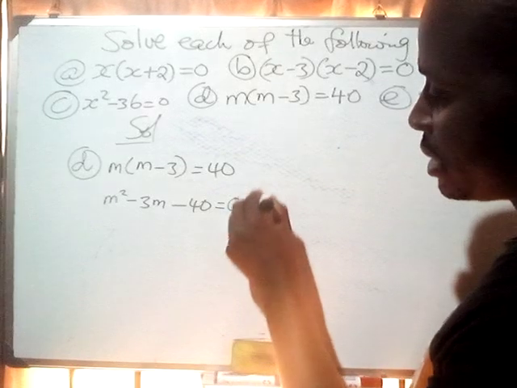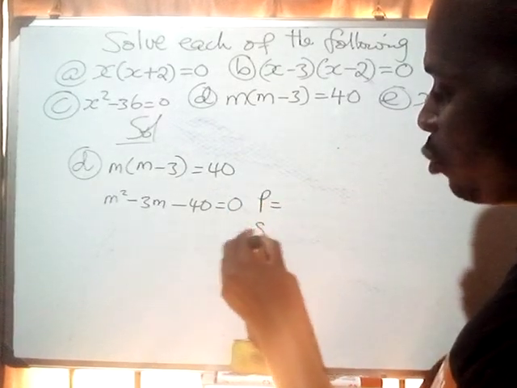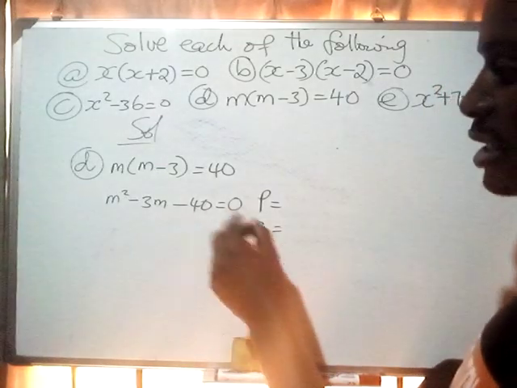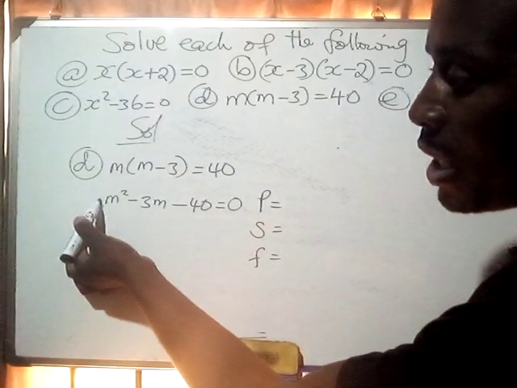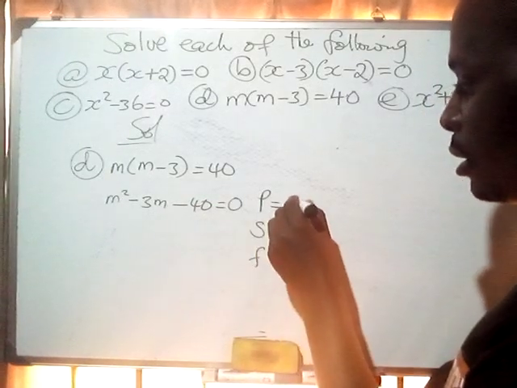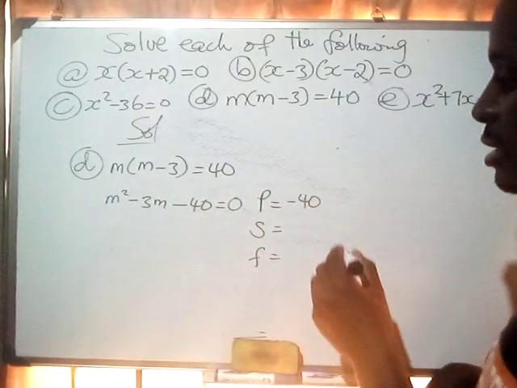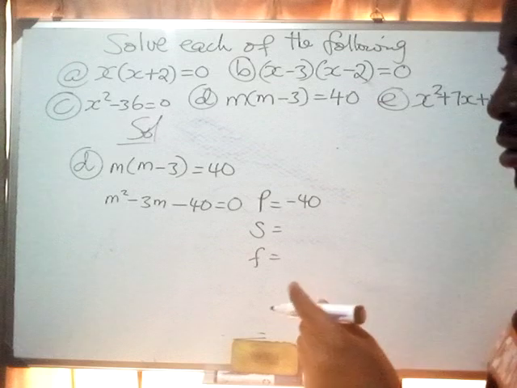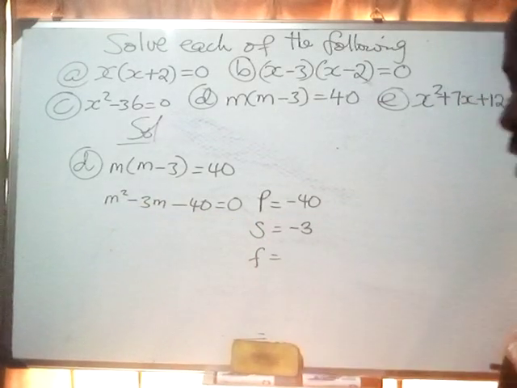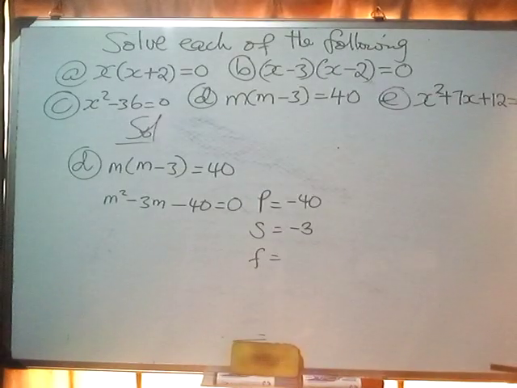Remember, we looked at algebra where we looked at product, sum, and factor. So what is the product here? It is 1 multiplied by negative 40, and the answer is negative 40. Our sum is negative 3. Now what will be our factors?